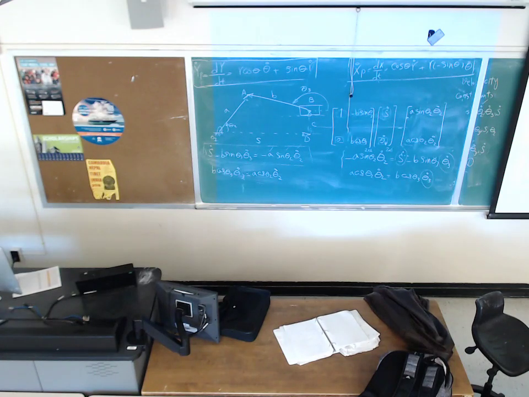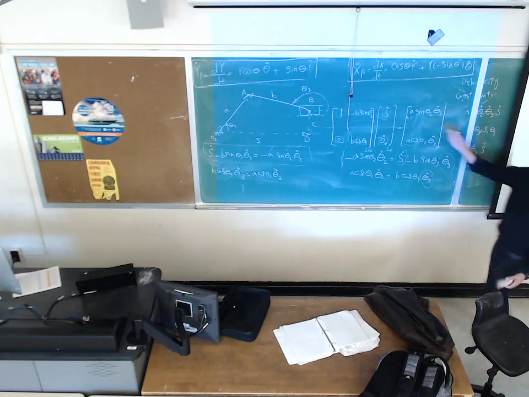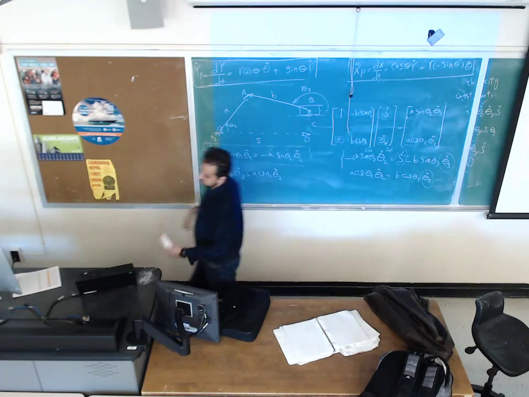If your unit is inches, the d dot is going to be inches per second, and theta dot, since it's positive, the unit is radians per second, and it's counterclockwise. So link 3 is moving counterclockwise for this set of numbers.